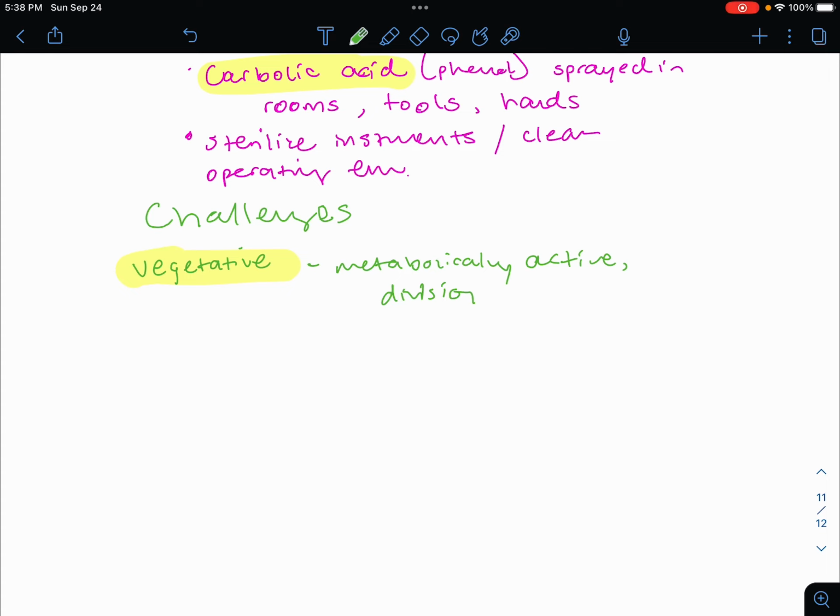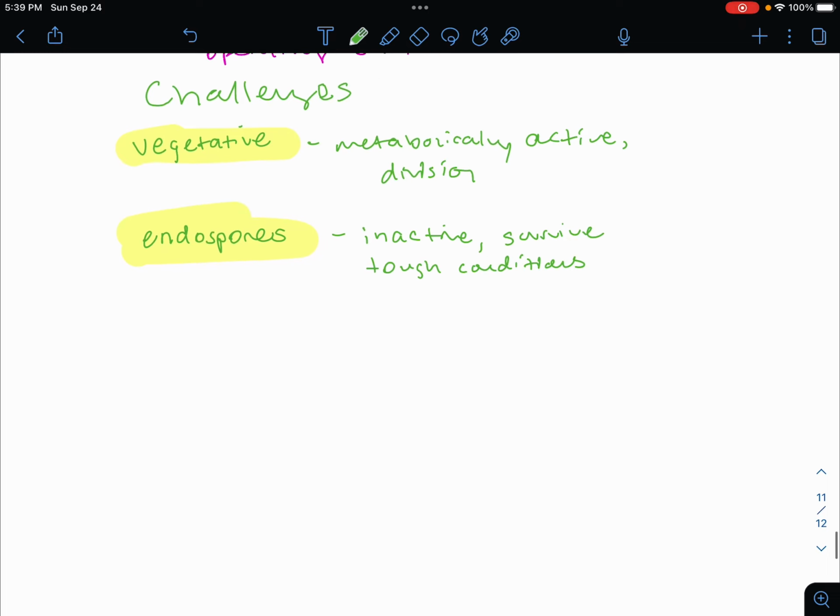There are a lot of other types which we'll get to in a bit, but the most general are the bacterial endospores, and these are inactive. They're very resistant and dormant. They survive tough conditions. And these are much harder to kill than vegetative cells, as they are hardy. They're able to remain dormant in conditions that may usually kill bacteria.